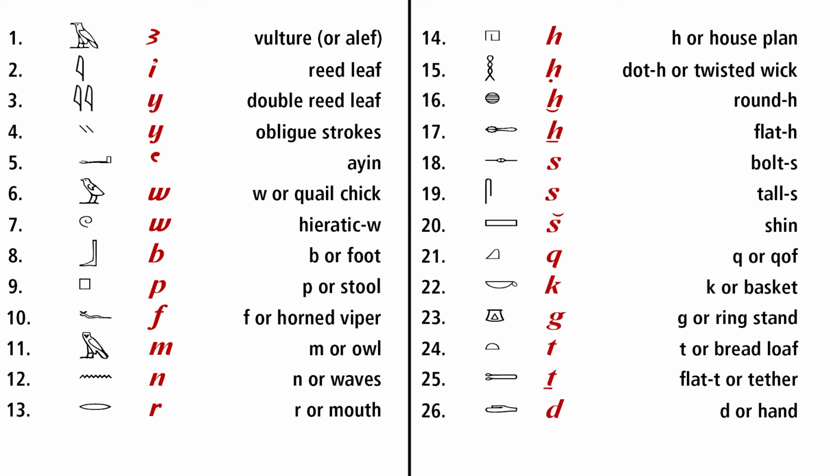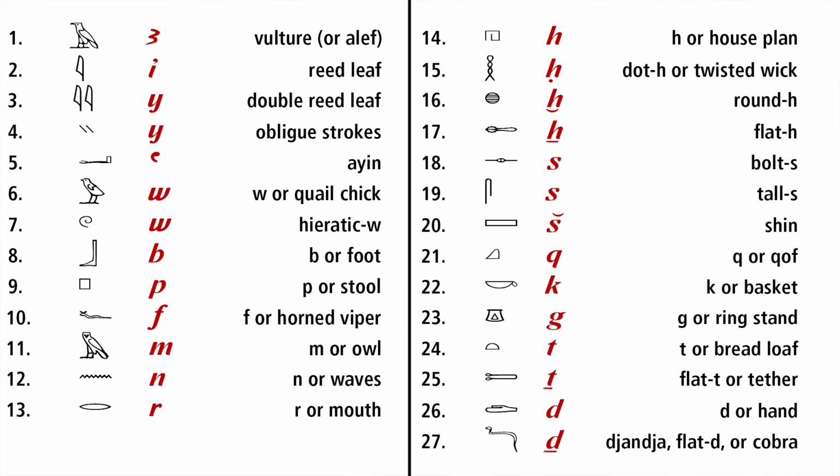And then we've got the first d, which is the hand, and it's just a d as in dog, a dental d. And then finally, the last letter in the Egyptian alphabet, the last uniliteral, is the djet, or second d, which is pronounced as j, as in edge.